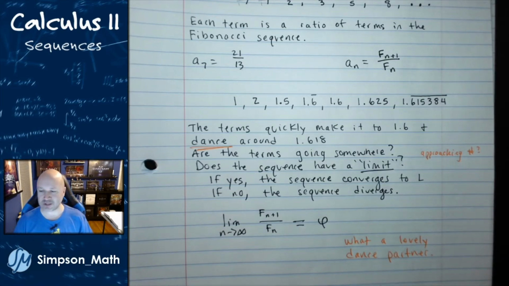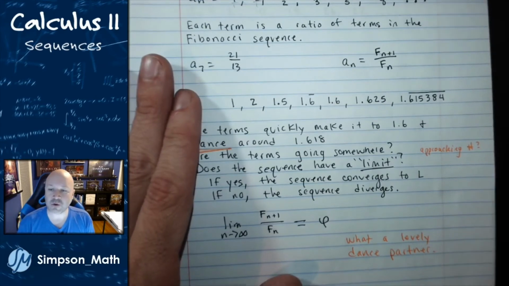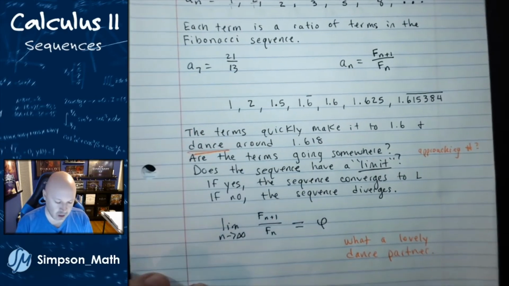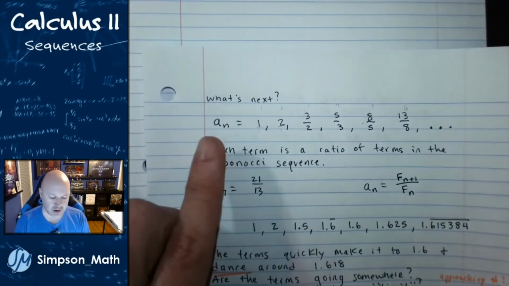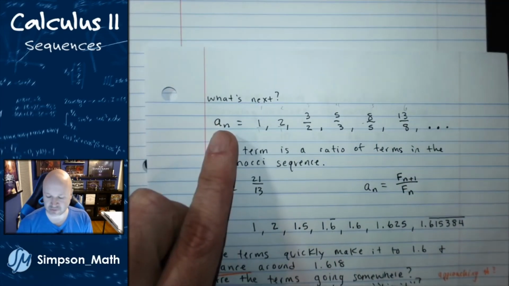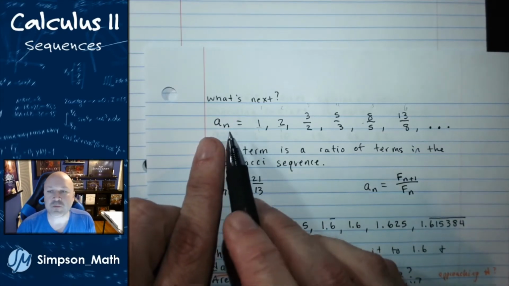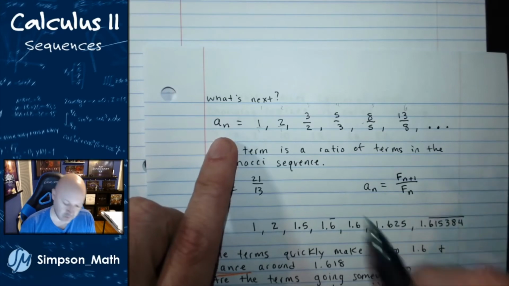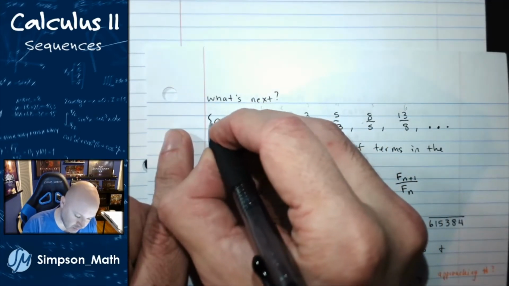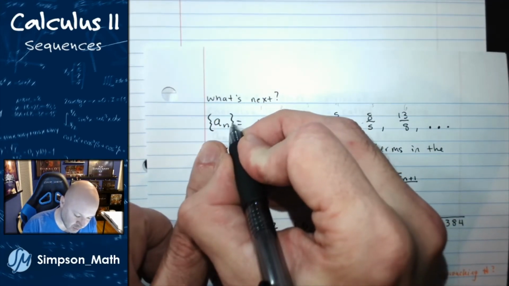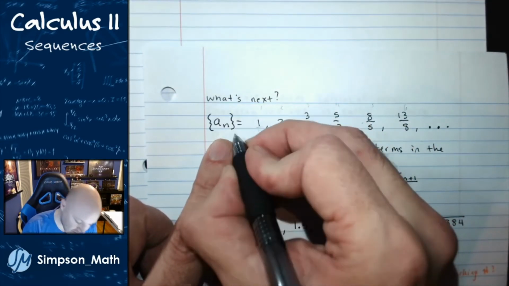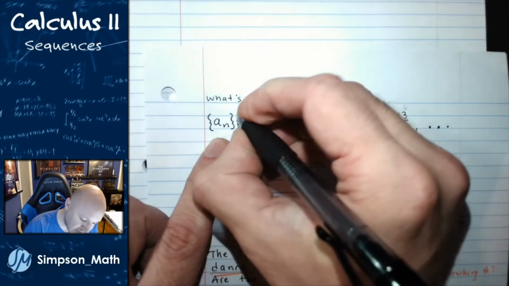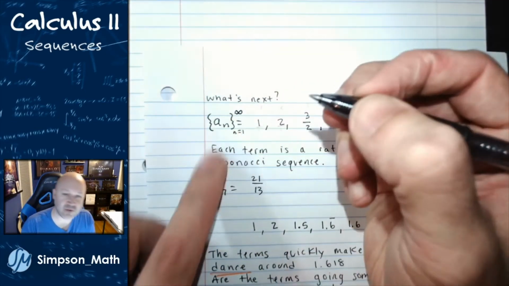All right, what do I want to talk about next? Oh, before I move on, remember the very beginning of this, I talked about another type of notation for this sequence. Maybe I'm about ready for it. So this sequence, a sub n, another way to write it is this notation here, where you put it in set braces, and we start at n equals 1 and go out to infinity.